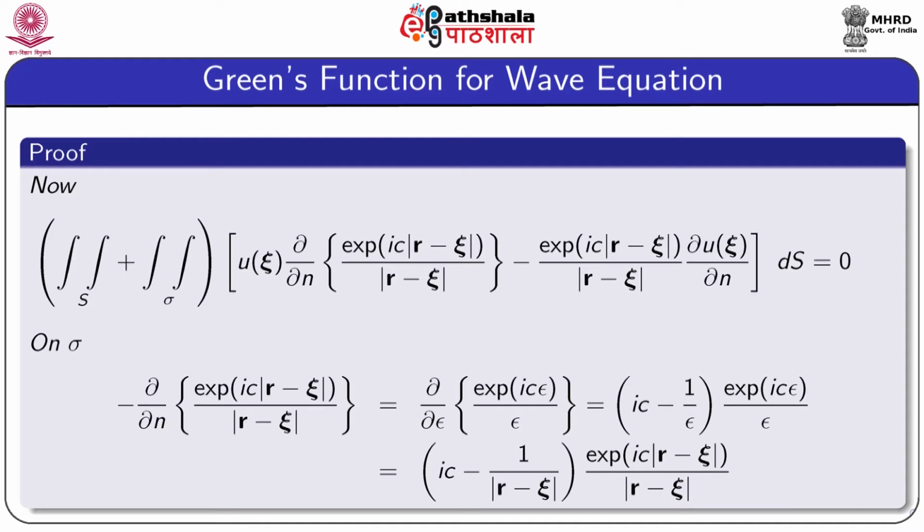So, it becomes finally i c minus 1 by mod r minus xi into e to the power i c mod r minus xi by mod r minus xi.